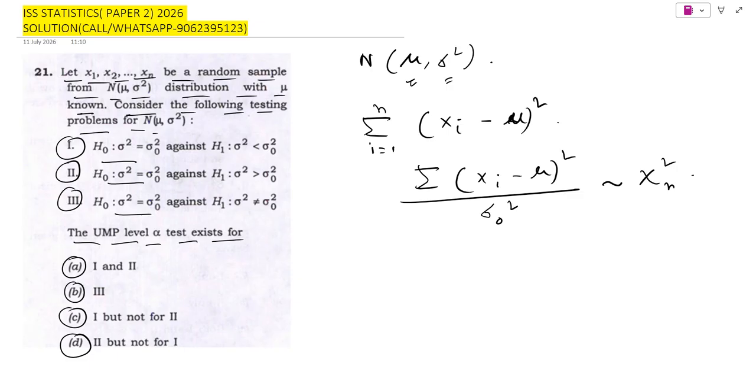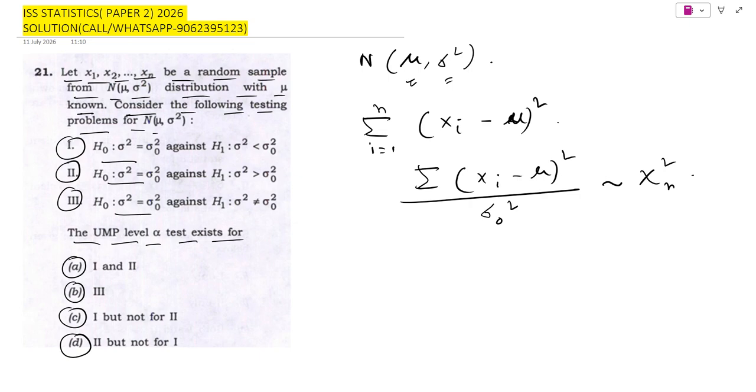The Neyman-Pearson lemma tells us that for one-sided alternatives, if the family possesses a monotone likelihood ratio, then a uniformly most powerful test exists. Fortunately, the normal family with known mu satisfies this property for variance testing.